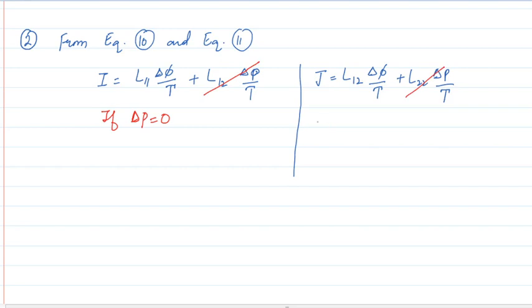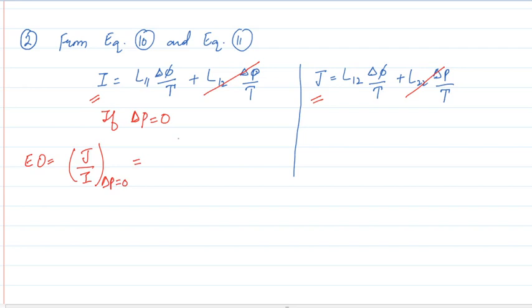So we will simply divide this equation with this one. That means we can simply write the electro-osmosis will be equal to J upon I. That means we will divide this equation by this. Here we have chosen a condition where change in pressure is equal to 0.